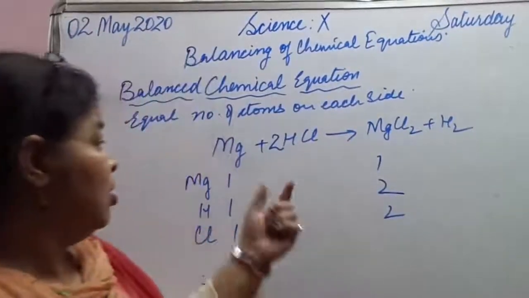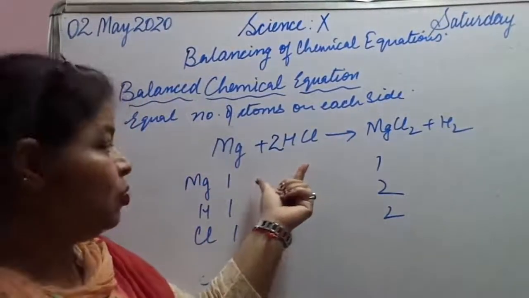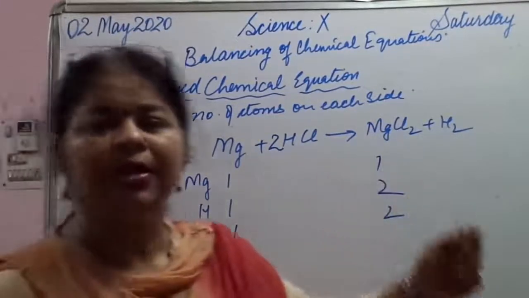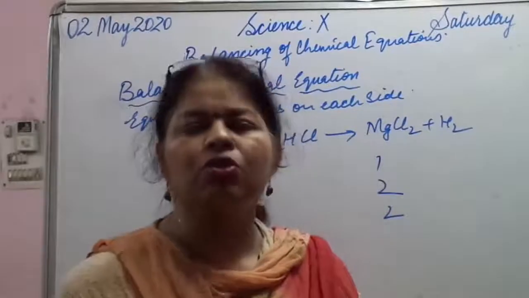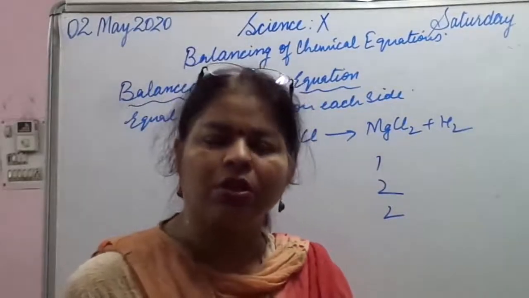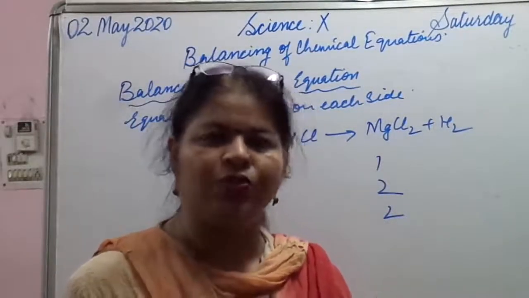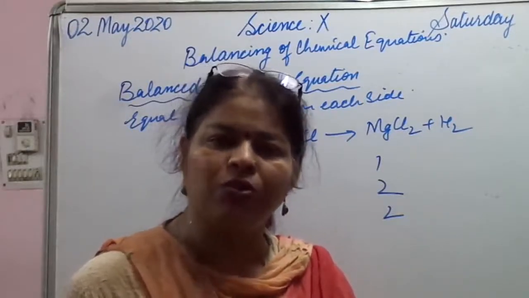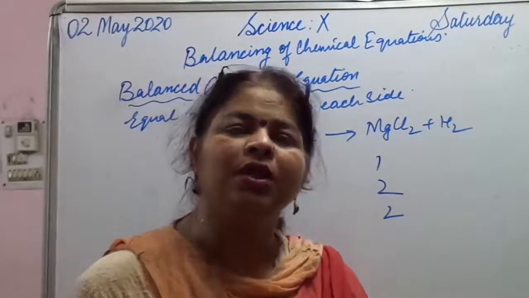So when we balance the chemical equation, we are showing that nothing new is formed and nothing is destroyed. No new substance is formed, no new atom is formed, and nothing is destroyed.